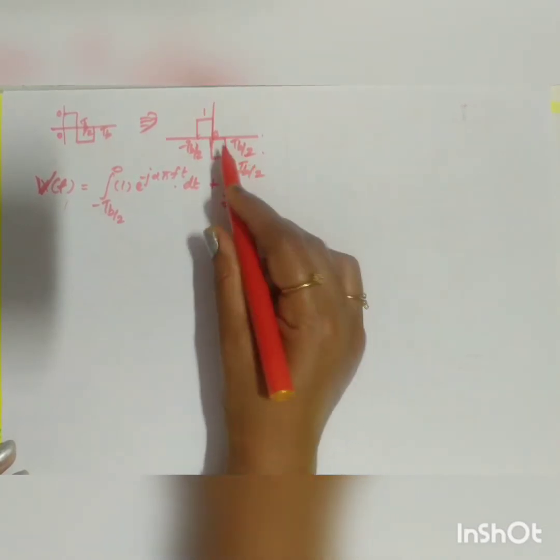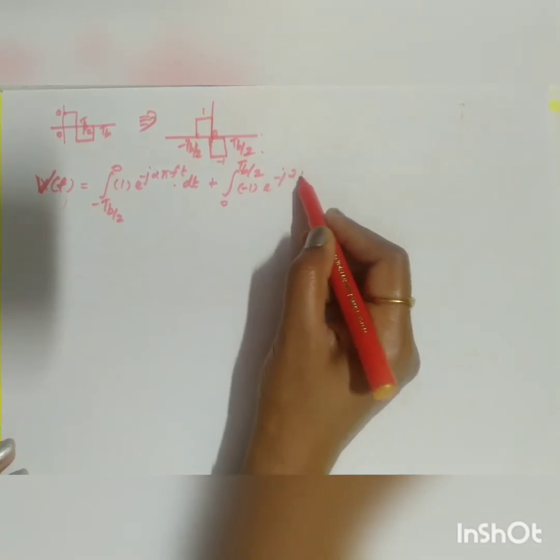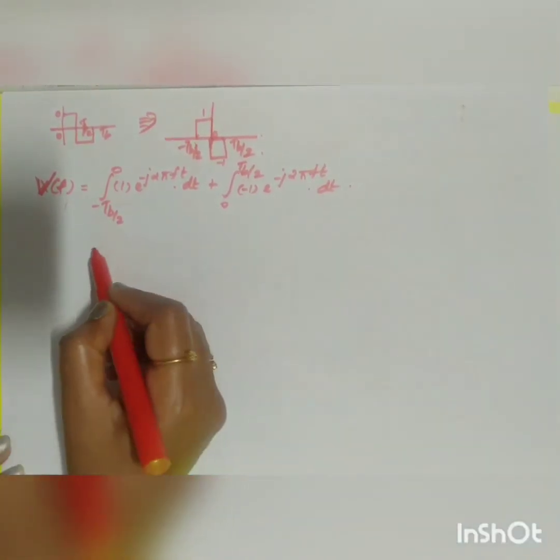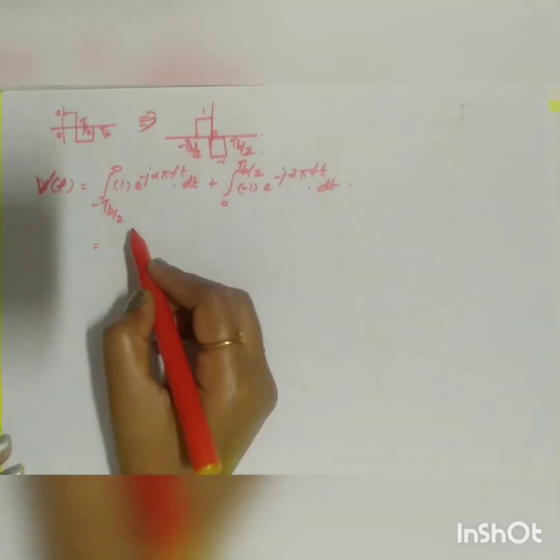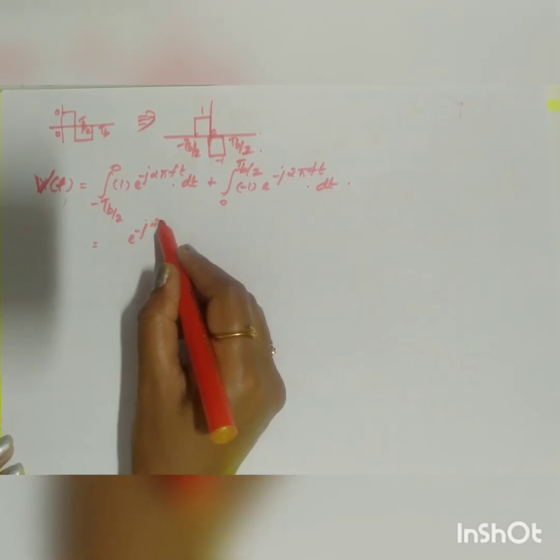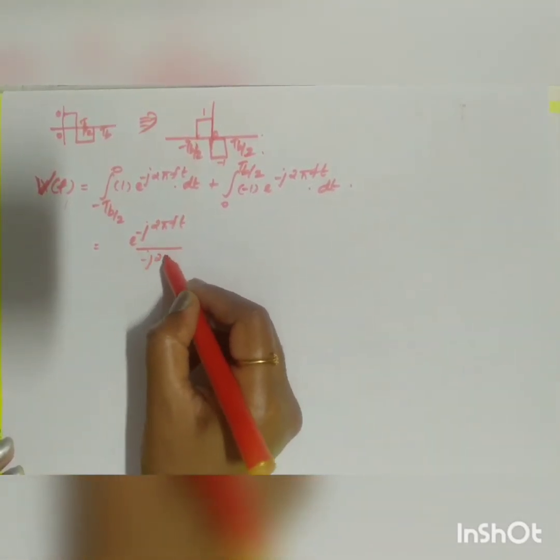Here the value is minus 1. So minus 1 into e power minus j2 pi ft into dt. Okay. So if I integrate and apply your limit, what you will be getting, e power minus j2 pi ft divided by minus j2 pi f.